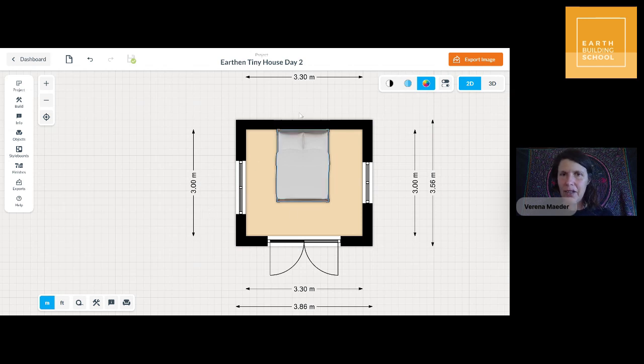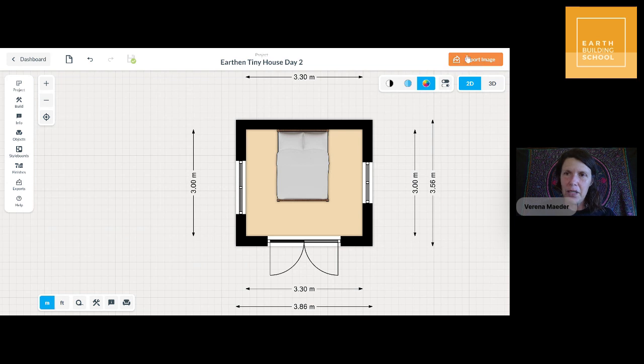The 3 times 3.3 floor plan feels quite different in terms of the room. So I'm just encouraging you to try different dimensions and see what happens when you're placing furniture, and really start visualizing how that would look and what you want. So that's where the architectural or the design aspect comes in.